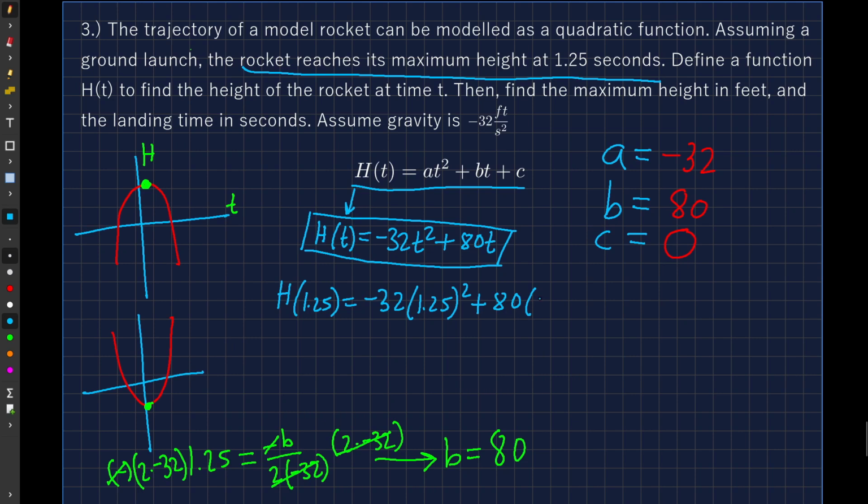If we complete this calculation, we will find that h of 1.25 will equal 50 feet. So that will be the maximum height. I should label that as part A.